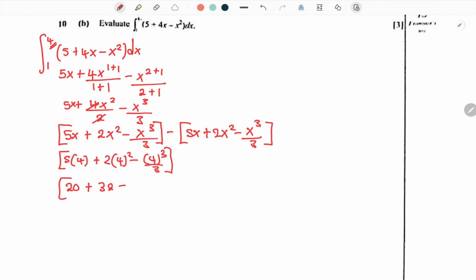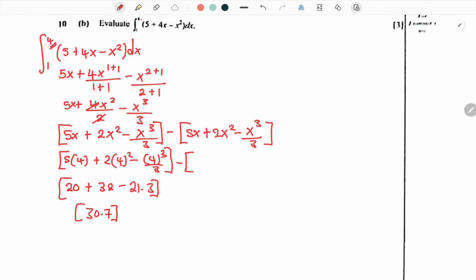Divide by 3. This was given as 21.3. So this is going to be 20 plus 32 minus 21.3. So this is going to be like 30.7.